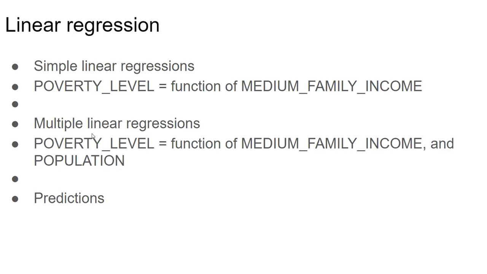Then we'll go into simple linear regression, where poverty level is defined as a function of median family income. Then you'll also see multiple linear regression, and how poverty level is defined as a function of median family income and population, and we'll see how to do predictions. All right, so just hang on and we'll get started.